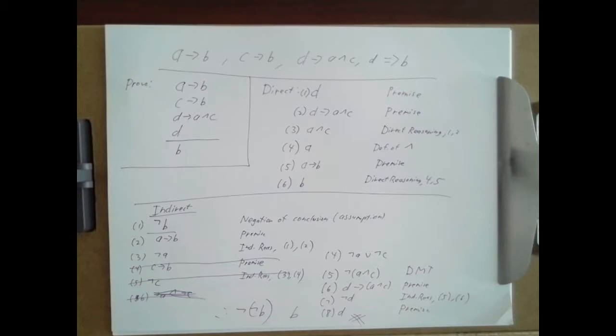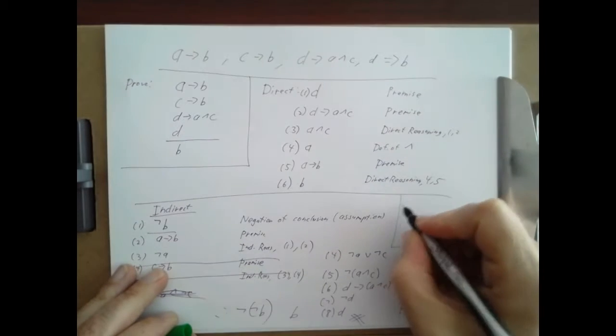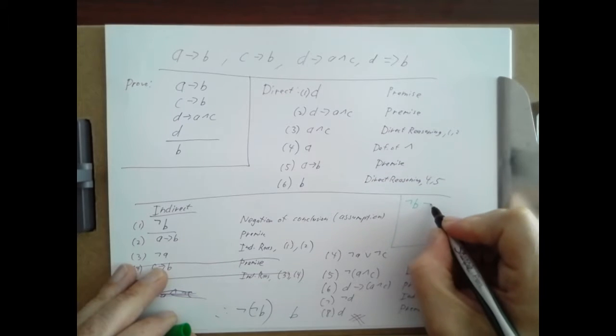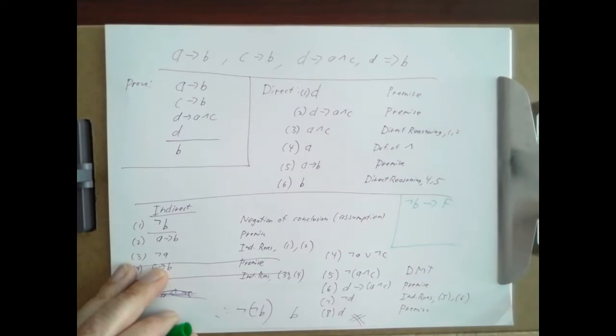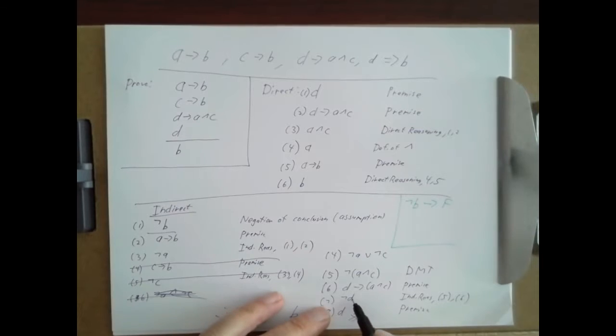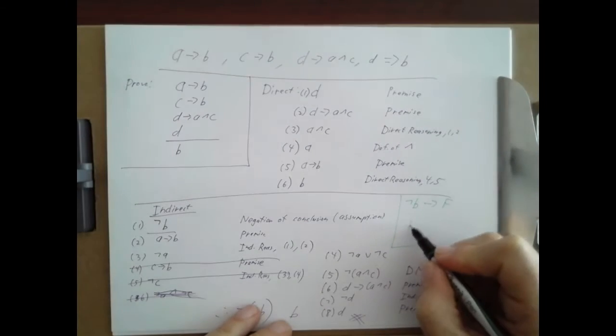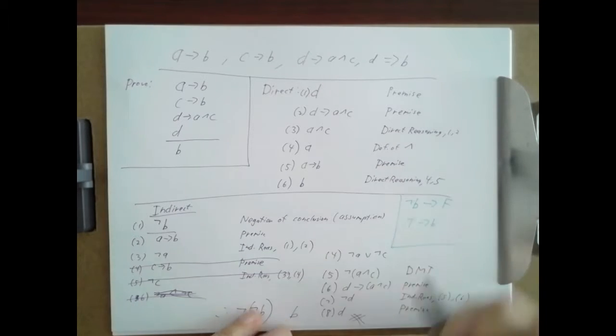And really what we're showing is that not B implies false, right? Because here we've shown D and we've shown not D, and that's false. So not B implies false, which means true implies B, therefore B.